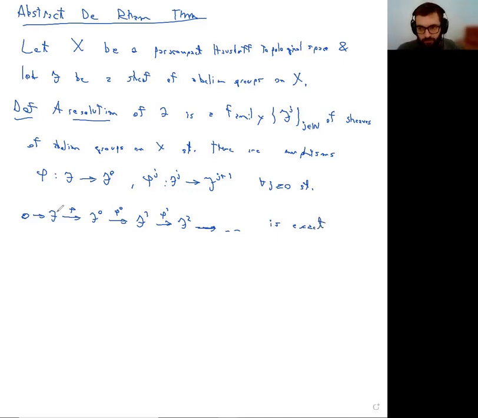So that's what we call a resolution of a sheaf F. It's simply a sequence of sheaves that makes all of this exact.